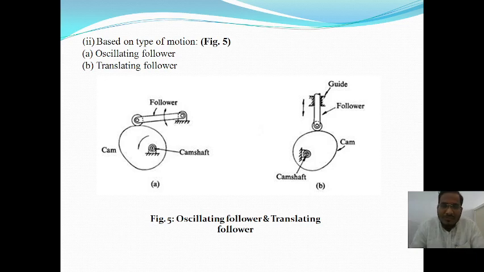You can see here it is an oscillating motion by the rotation of the cam. Here, with the help of cam rotation, the follower will move in the vertical direction. This is called a translating follower, and this is called an oscillating follower.